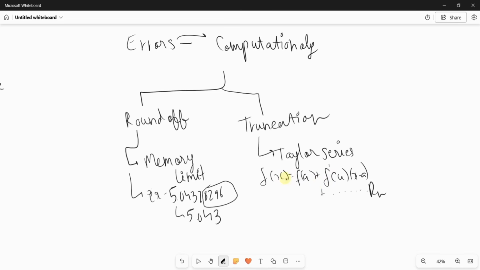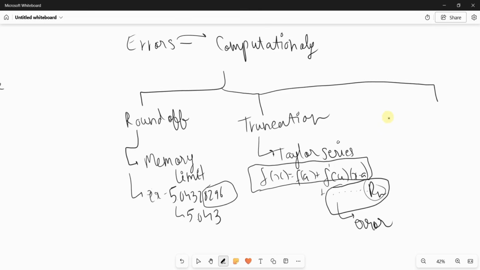So when you do this, suppose I am only taking this term for discretization. I'm not taking the whole, because this goes till infinity. So the rest of these terms is a residual, and that causes an error. So this is your truncation error.